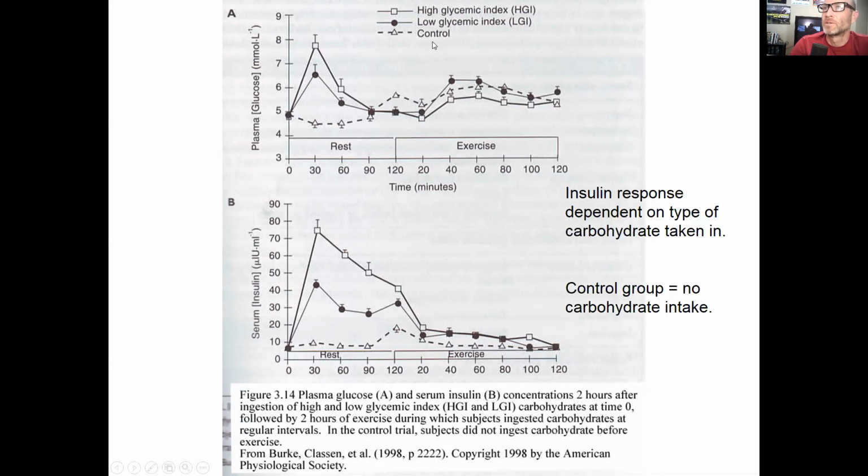This is just showing the difference between high glycemic index and low glycemic index food intake. Here's plasma glucose, or blood glucose. This is time, this is rest, this is exercise. This is insulin levels. As insulin levels go up, blood glucose levels will drop, which means the glucose went into the muscle.